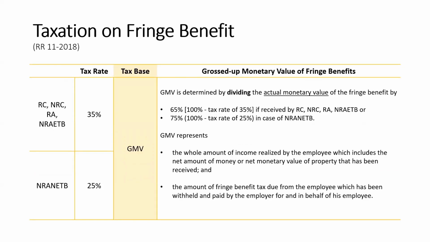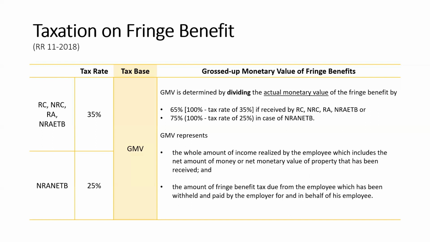Now, how do we compute the fringe benefit tax? The tax rate is 35%. The tax base is GMV. What is that? Grossed up monetary value. So, how do we compute the grossed up monetary value? Actual monetary value divided by 65% or 75%.